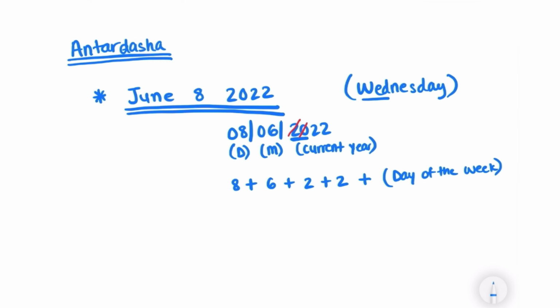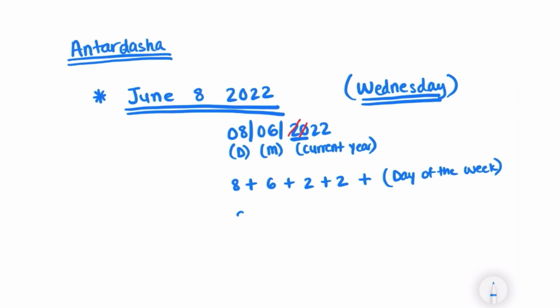And if you go back to the chart, what is the planet that rules Wednesday? It's Mercury, right? If you go back and refer to the table, you will see that I mentioned that number 5 is ruled by Mercury and Mercury rules Wednesday. So we will add 5 to these numbers.